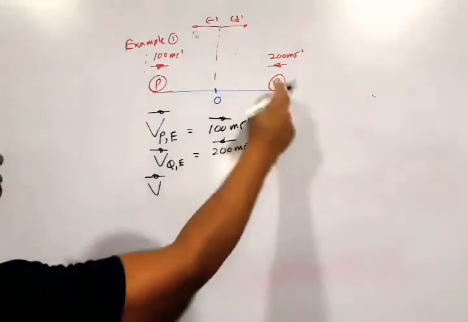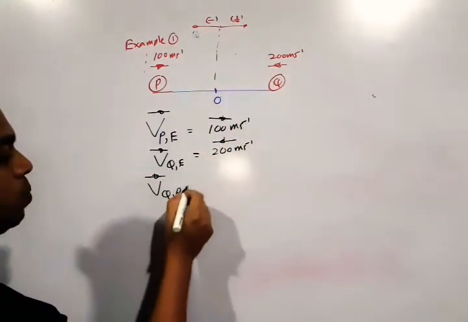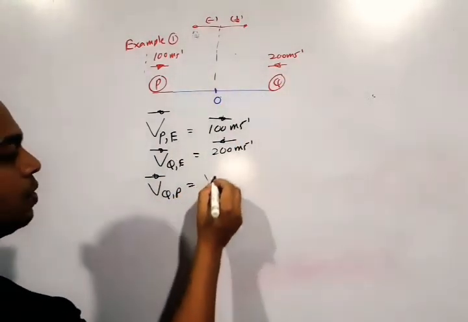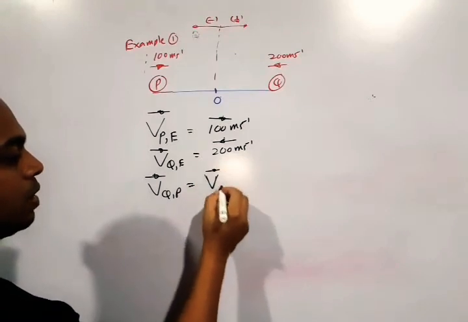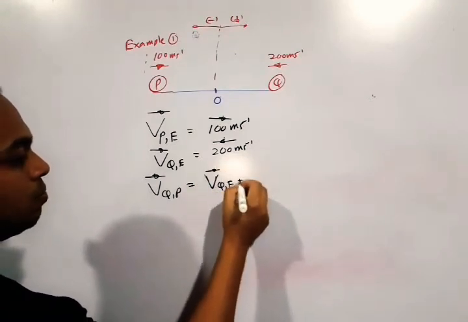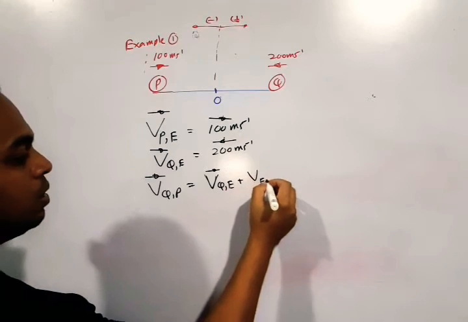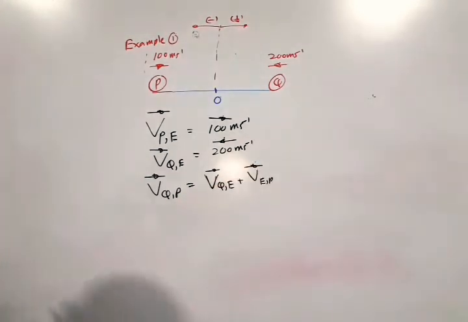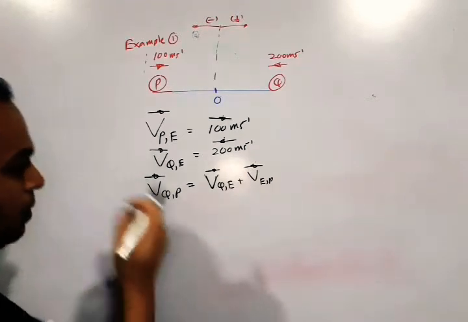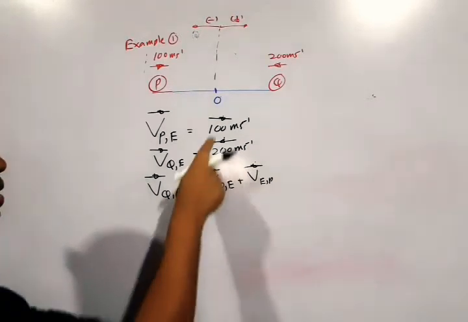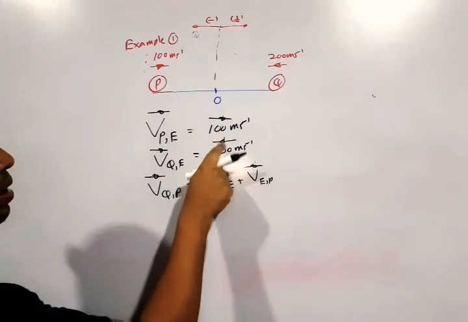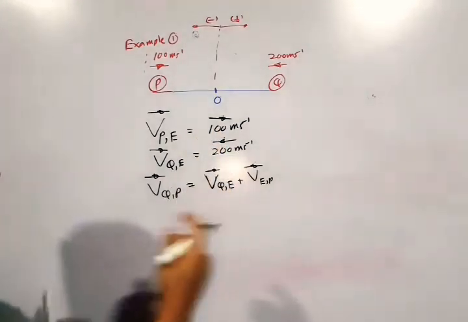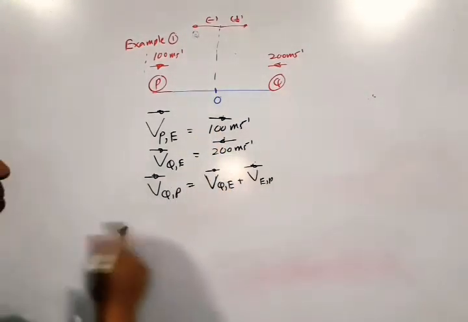Relative velocity of Q with respect to P is given by this equation: velocity of Q with respect to Earth plus velocity of Earth with respect to P. Notice here that the directions are given, so these two are in opposite directions to each other.